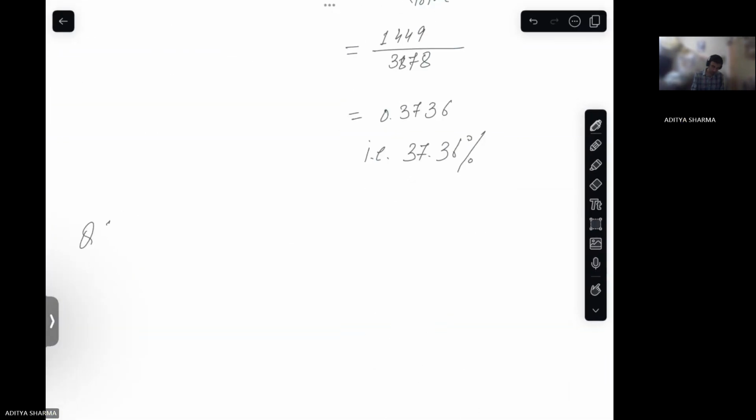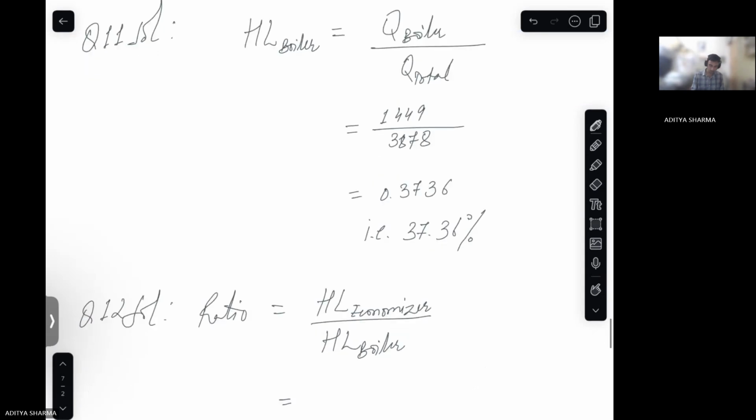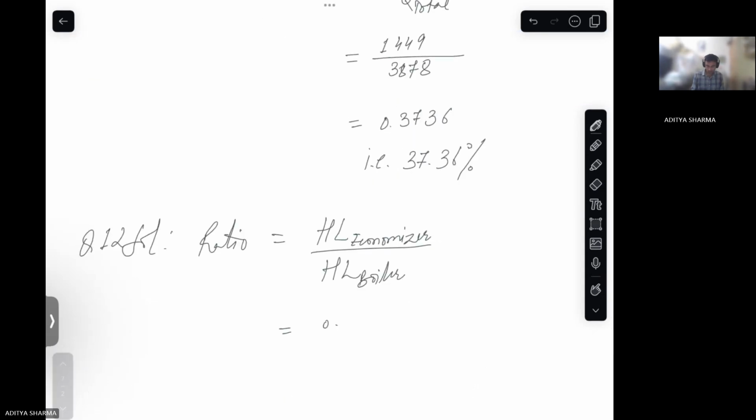Solution. The ratio is HL economizer over HL boiler, 29.06 divided by 37.36.